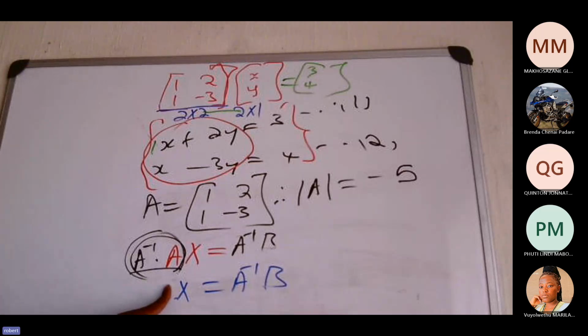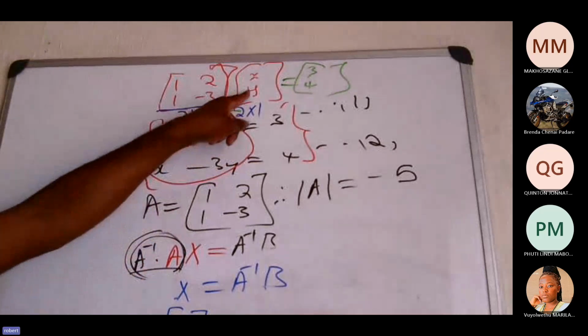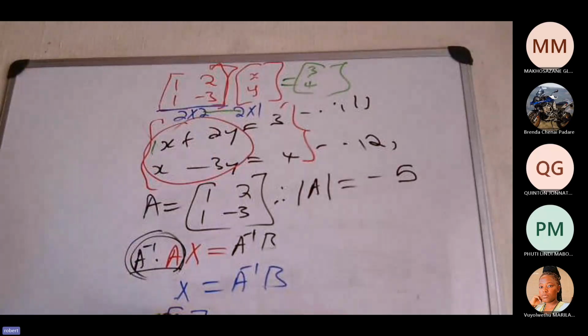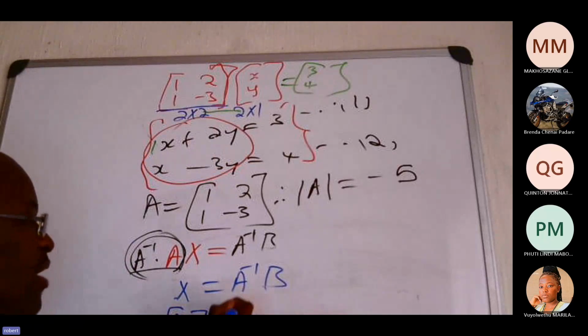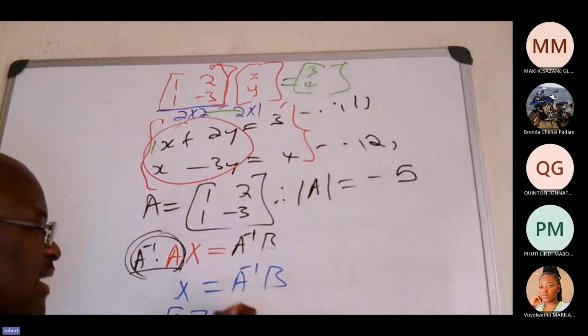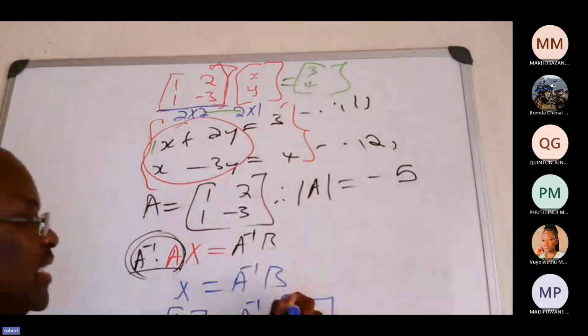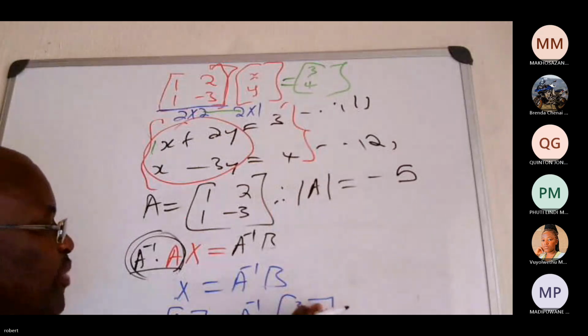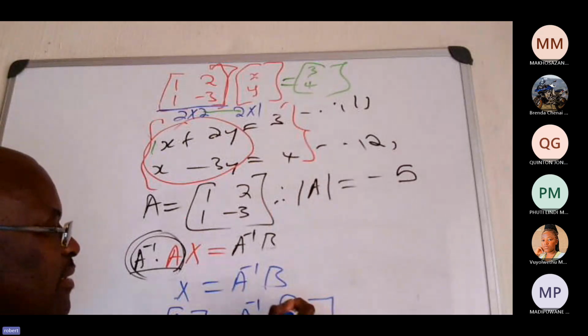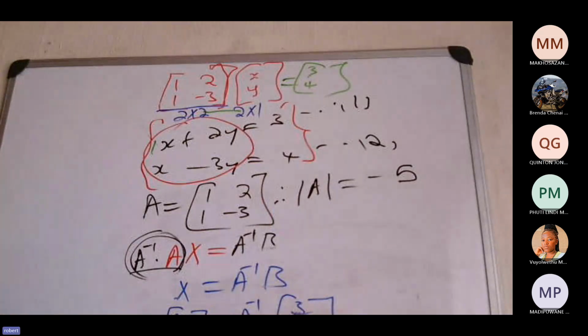And what is this X? X here is the matrix of the unknown, which will be small x and small y. And then from there, what is this? Then it will be inverse of this. And B we know is this.